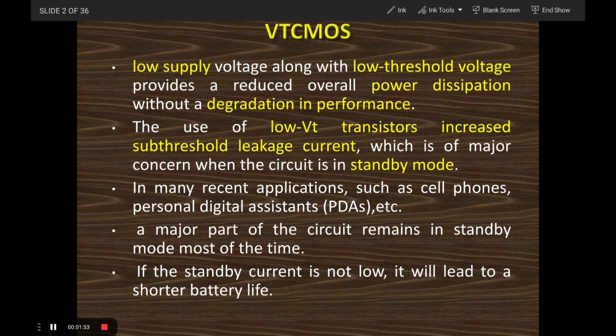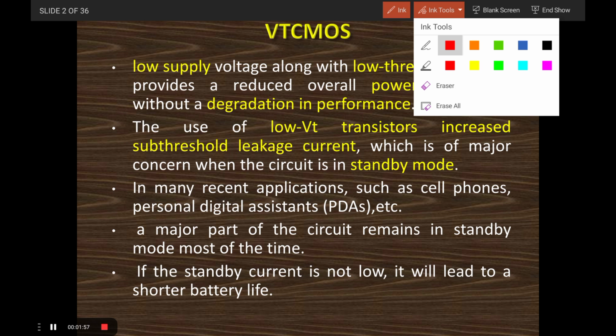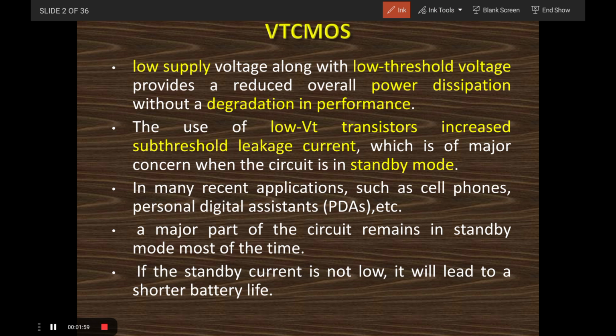That is very important. Generally, we know that a low supply voltage along with a low threshold voltage provides a reduced overall power dissipation without degrading the performance.